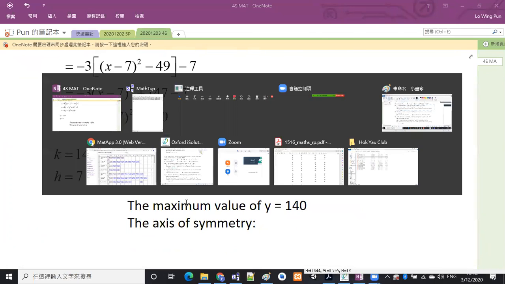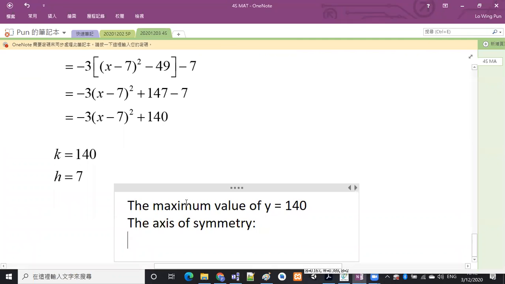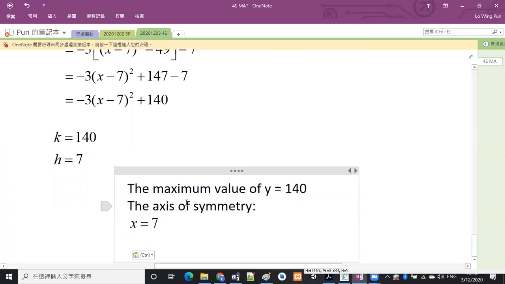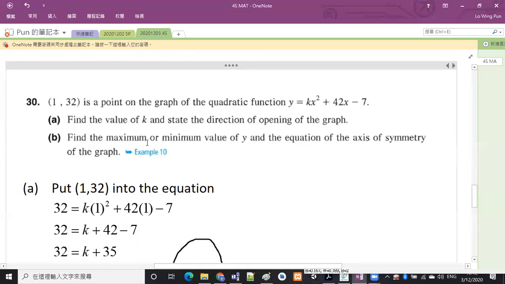This is a vertical straight line, and the equation of a vertical straight line is always x equals a number. What number? It should be x equals h, and our h number is equal to 7, so it is just x equals 7. Okay, so that is the answer for part B.